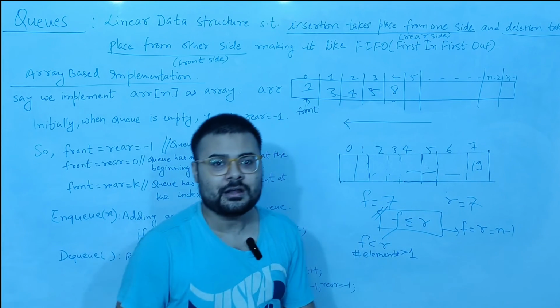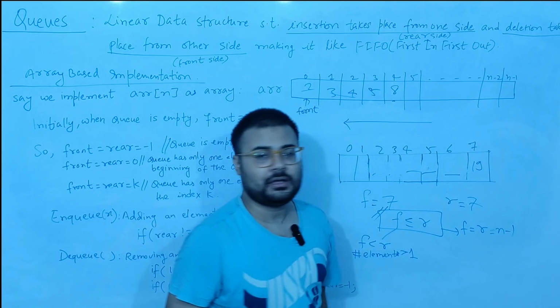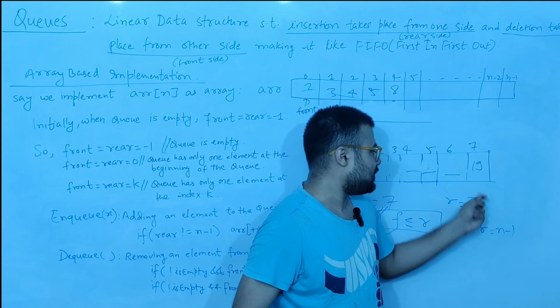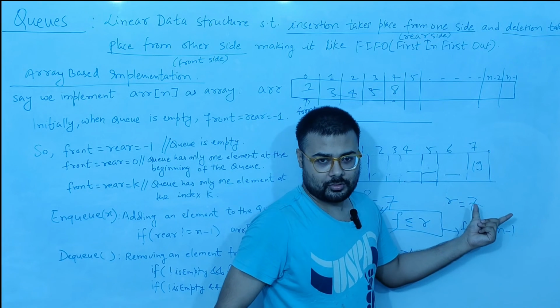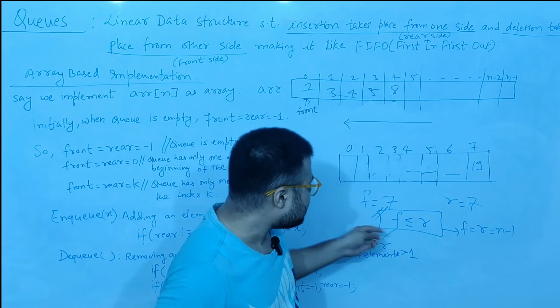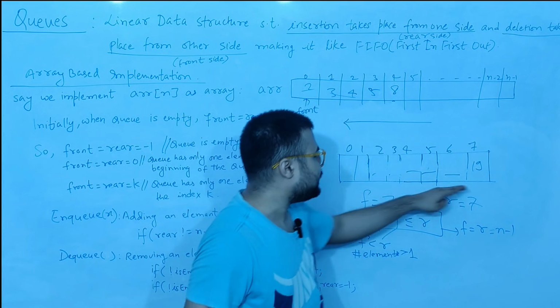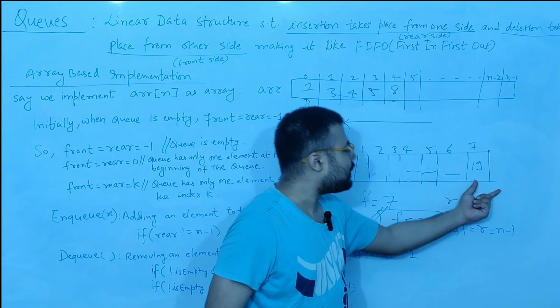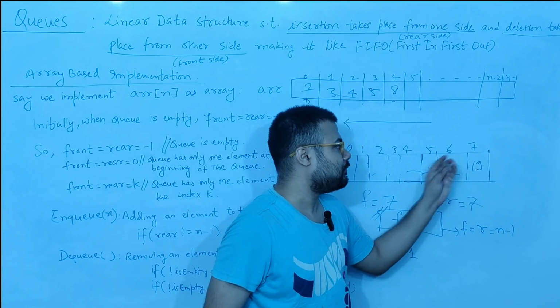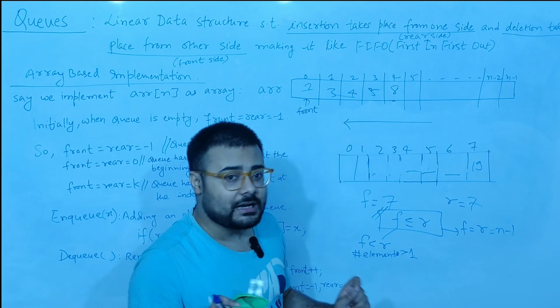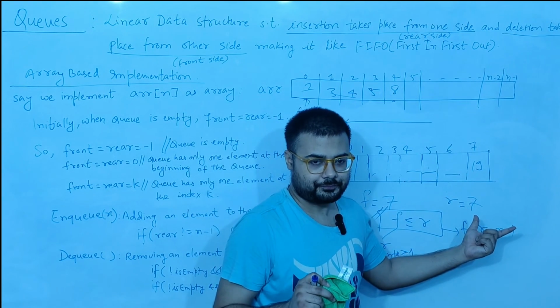And you want to add an element, you can't add because rear is already here. You cannot increase rear and add an element. So this is the drawback of linear queue, that you may have spaces, but because rear is already at the extreme end, you cannot add an element, because you can only add from the rear side.